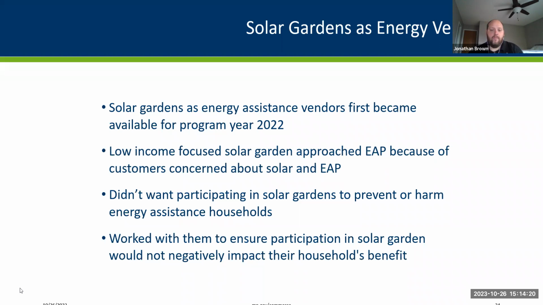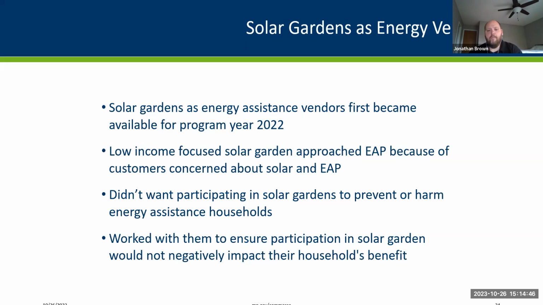And so really what kicked it off is a low-income focused garden approached us and said, we're getting a lot of questions from our customers. They're being encouraged to apply for energy assistance, or maybe they're already on it. And so they're saying no, they don't want to participate in a solar garden because they're worried about eligibility or how their benefit might be diminished or affected by it.